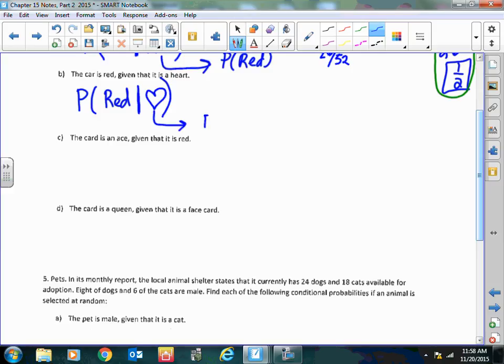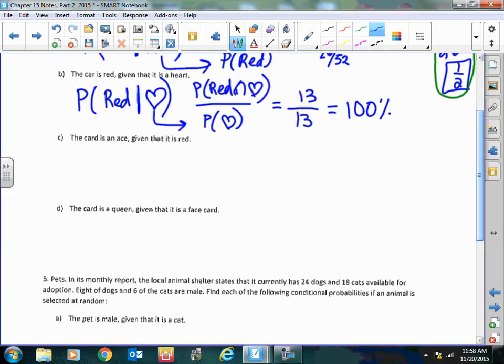I want to take you through the math real quick and just prove it to you. So out of the 13 hearts, how many of them are red hearts? All 13. So that is why that is 100%.